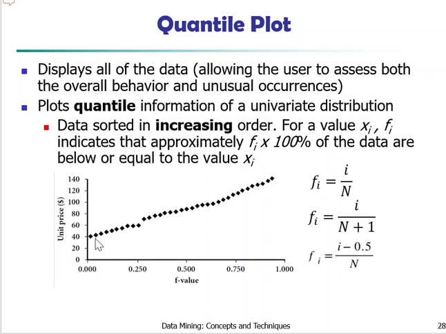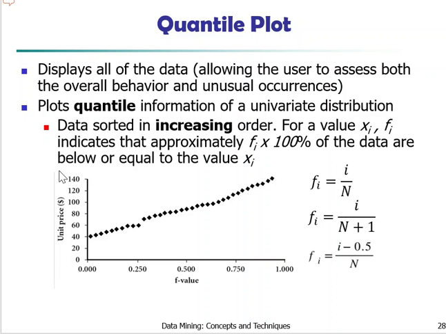And for the second value, again, we can use 2 over the total number of values that we have to find roughly what percentage of the data are below or equal to the second value here. So we can use this pair of values to plot this plot. You can tell that the x-axis actually is the percentile.